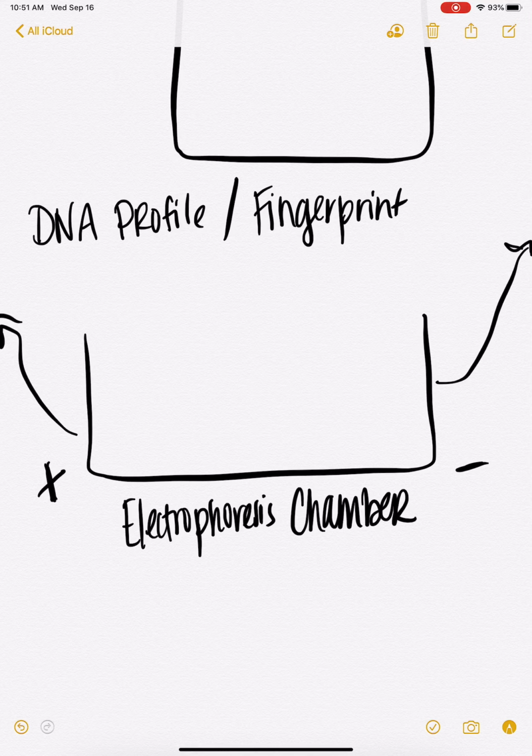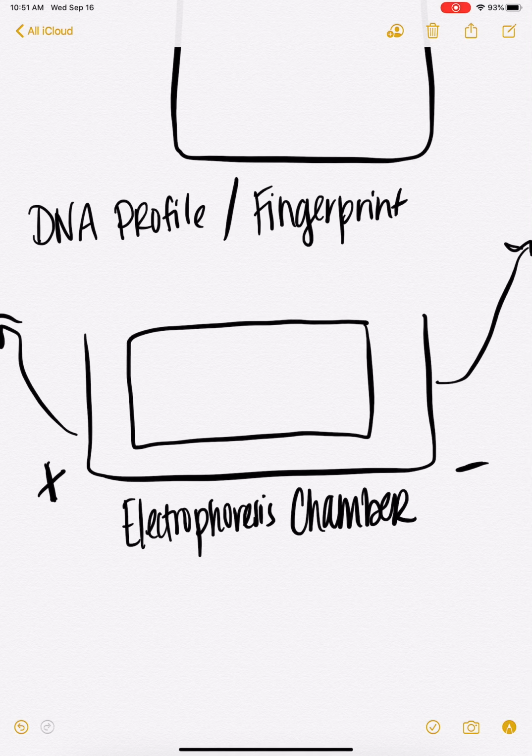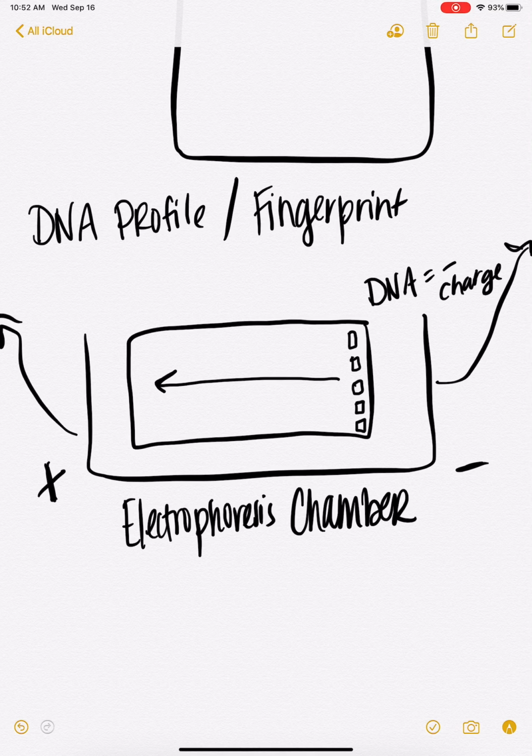When you lay your gel in the electrophoresis chamber, you want your wells to be on the negative end, because DNA has a negative charge. If you know anything about opposites, you know that opposites attract. We want our gel to move this way. It'll pull this negatively charged DNA down to the positive end.